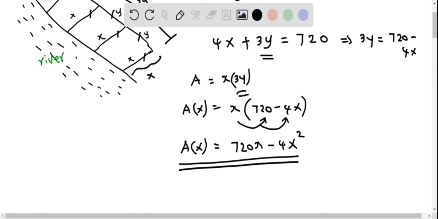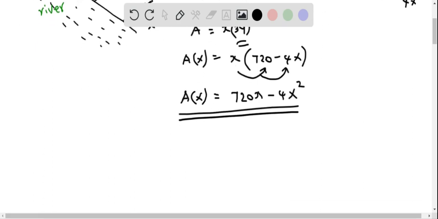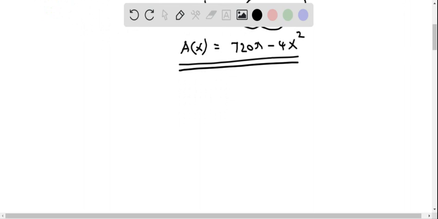Okay, so now we are going to maximize the area using the first derivative and second derivative test of calculus. In the first derivative test, we let the first derivative equal 0 and solve for x. So first, I'm going to find the derivative of this area function, which gives A prime of x.